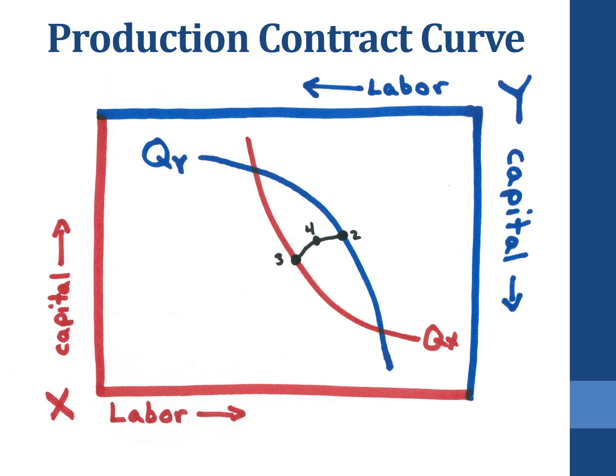We get all of the Pareto efficient states of the world in terms of using our inputs as those points that we map out, points 2, 3, 4, and all of the points in between, given some initial distribution like point 1 down here, right? We will end up on a production contract curve. We will end up where the isoquants have the same slope. Where the isoquants are just tangent to one another, we will have a Pareto efficient state of the world in terms of using our inputs. We will be on the production contract curve.